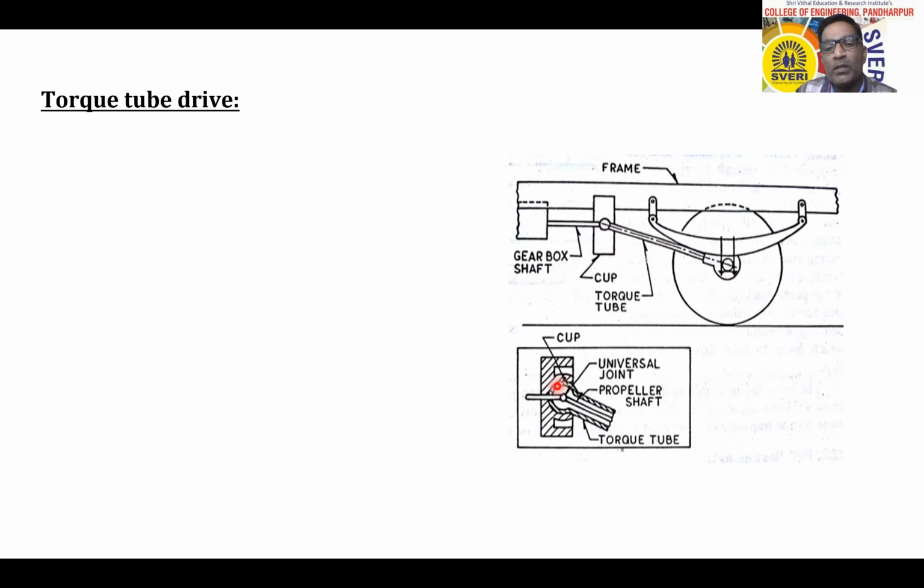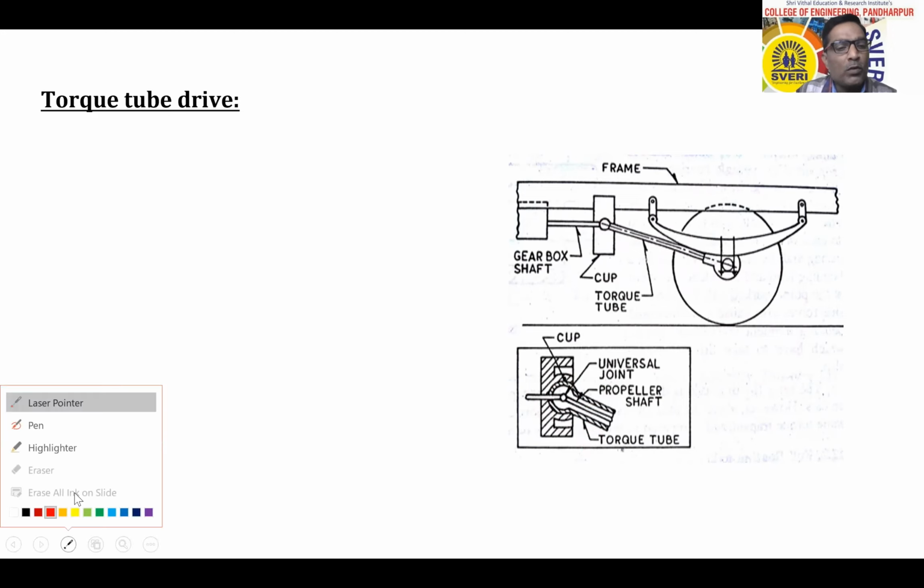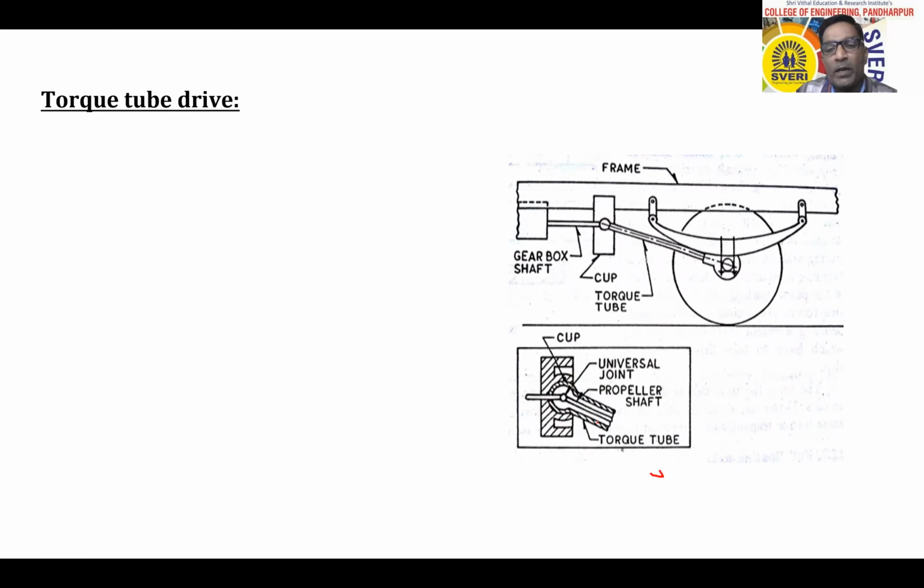So this one is the cup inside which there is a universal joint. This is the propeller shaft and this one is the torque tube. So by name itself, you can relate this one is the torque tube and inside it is the propeller shaft.